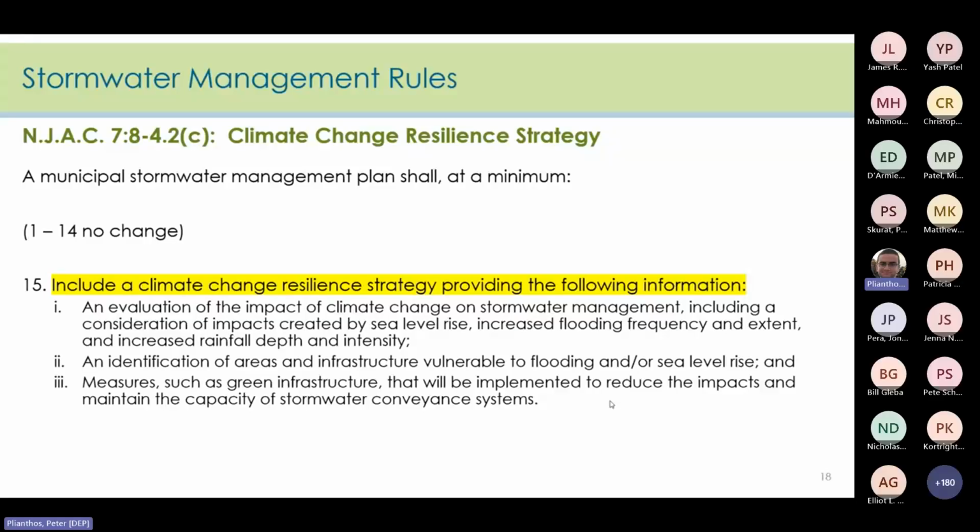Similarly, under the Municipal Stormwater Management Planning subchapter of the rules, there is the new NJAC 7:8 4.2C15 for a climate change resilience strategy. The NJPACT rules require a climate change resilience strategy as part of the Municipal Stormwater Management Plan.